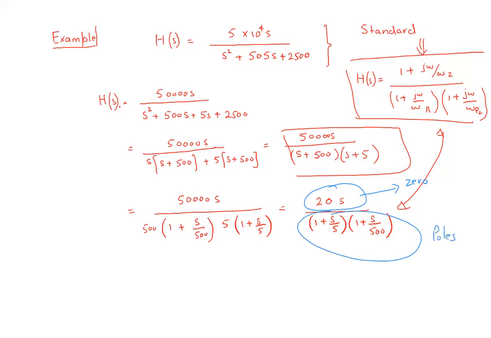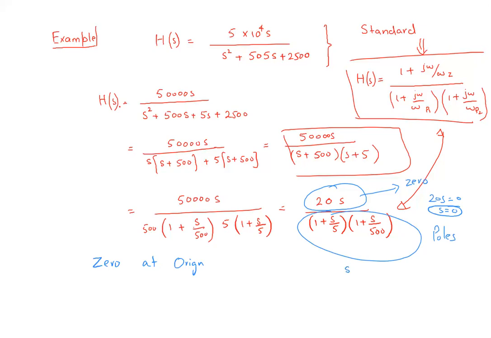Interestingly, we have a zero at the origin, because you just equate it to 0 and figure it out. If you put 20s equal to 0, you get s equal to 0. So your zero is at the origin.